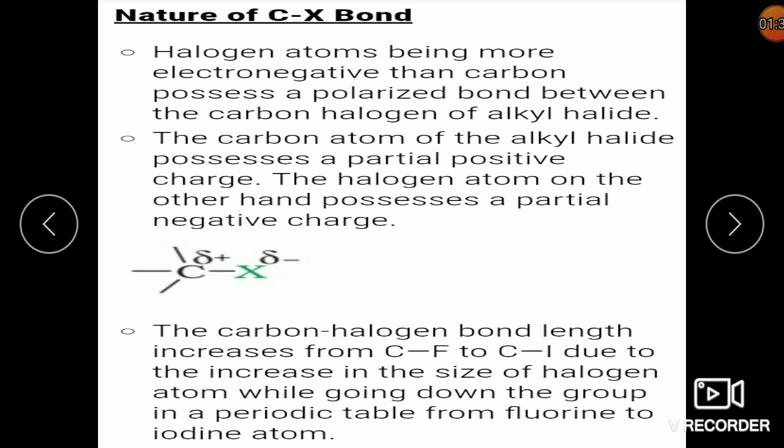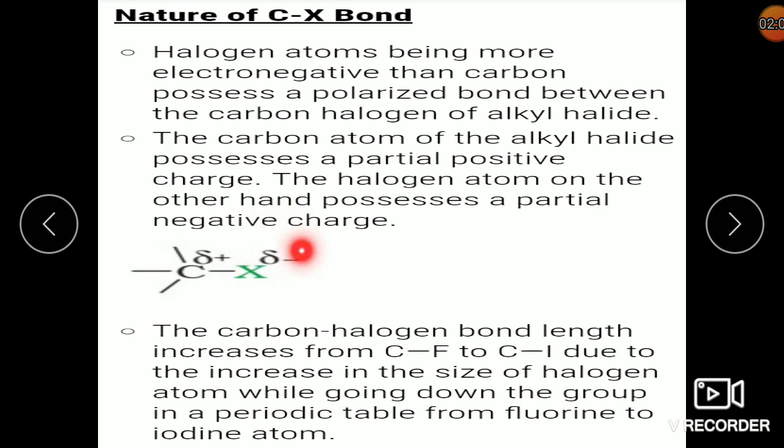Now, due to this polarity, the properties of haloalkanes are different compared to other hydrocarbons. Halogen means fluorine, chlorine, bromine and iodine in a group, and when we move from top to bottom in a group, the size of the halogen increases.